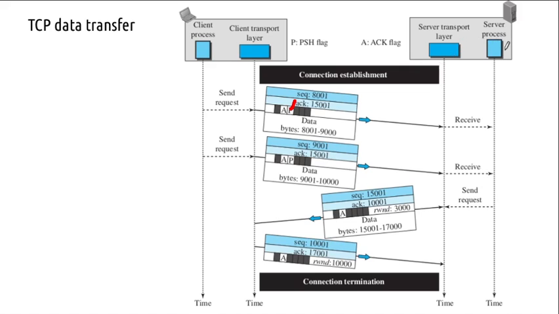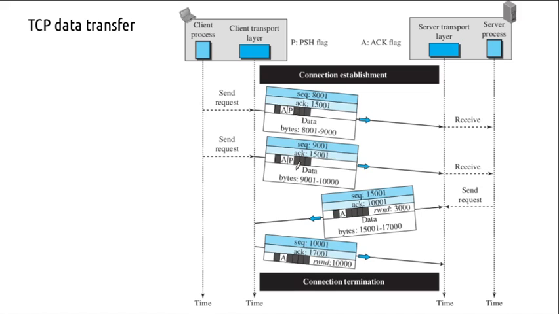These require immediate attention. So the push flag is for that purpose. Now it's up to the transport layer whether to respond to the push request issued by the application layer process. That's up to the TCP layer.